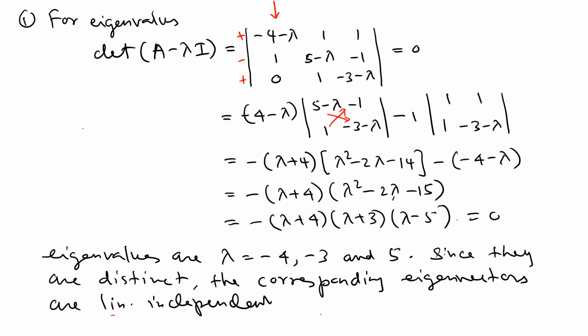Okay, so that's a fact. What we need to do is just find the corresponding eigenvectors. That's not that bad. That's easy to find. So let's do that. We can look at the matrices A minus lambda I. So consider the 3 matrices.